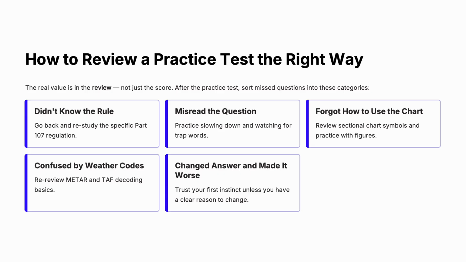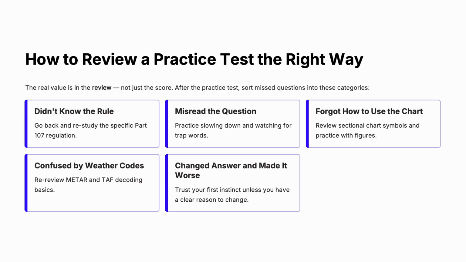It's the review afterward. Once you've taken your mock exam, sort every missed question into 1 of 5 categories. Didn't know the rule? Go back and restudy that specific Part 107 regulation. Misread the question? Practice slowing down and watching for trap words like not or except. Forget how to use a chart?